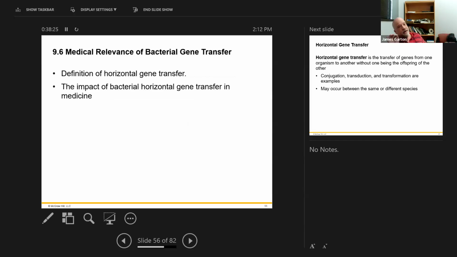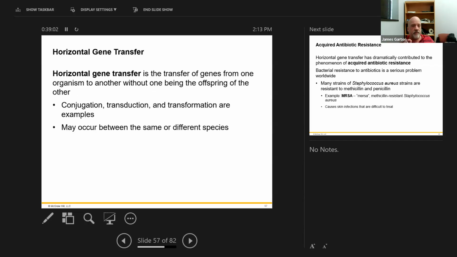Now, this all has medical relevance. Bacteria, especially, are very likely to do something called horizontal gene transfer. We generally thought of gene transfer as between, for example, one generation to the next within the same species, parents to offspring, and then to offspring, and so on and so forth. And that was called vertical gene transfer. And now we know that horizontal gene transfer is possible.